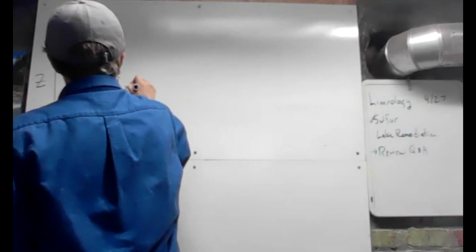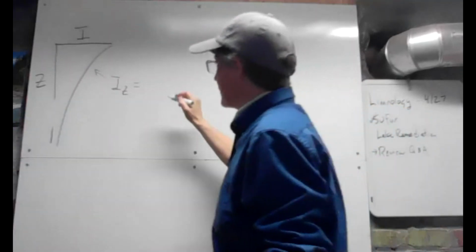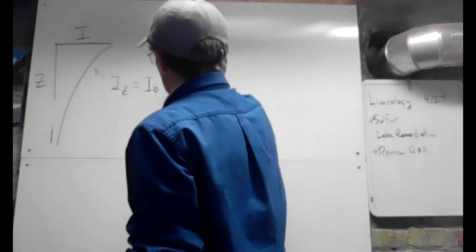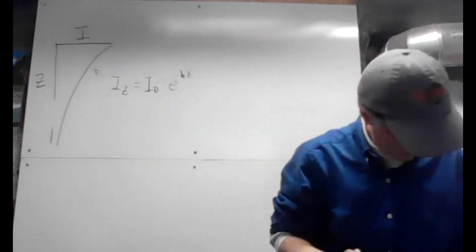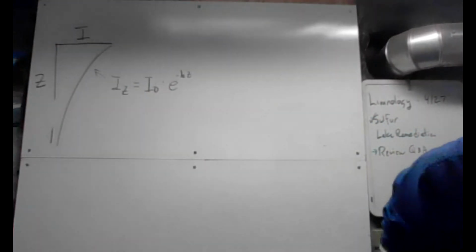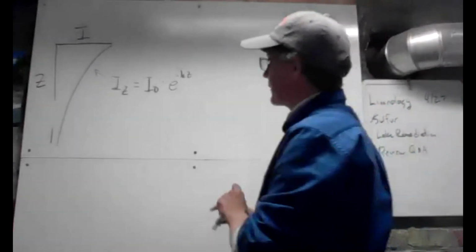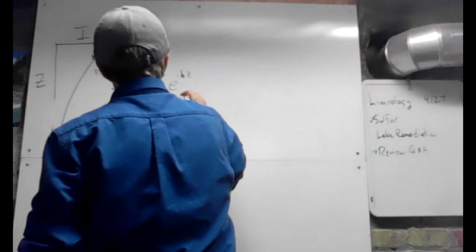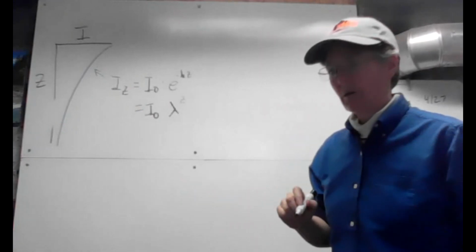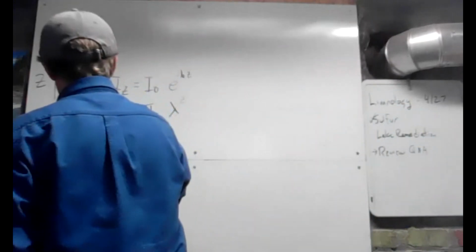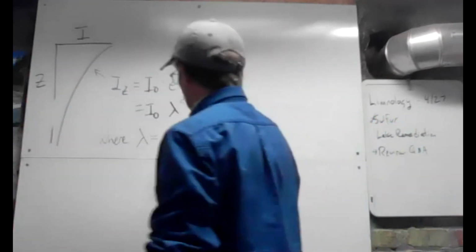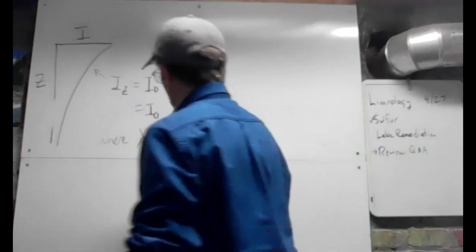And the formula for this line is the initial amount of light times e to the negative kz. Or the alternative version of that would be lambda to the z, where lambda is equal to e to the negative k.